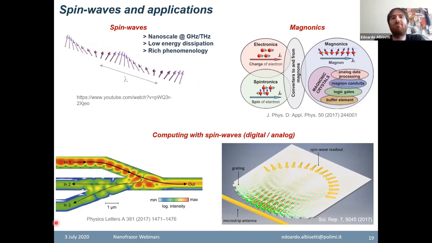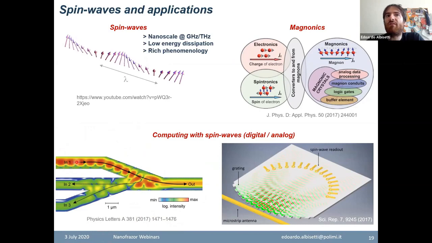And there are two, let's say, main paradigms that you can use for making computation. You can either have a digital paradigm in which you have, for example, a logic gate, so with a binary input and binary output. Instead of using transistors cascaded with each other, you have logic gates that work by using the interference of spin waves that propagate in confined conduits.